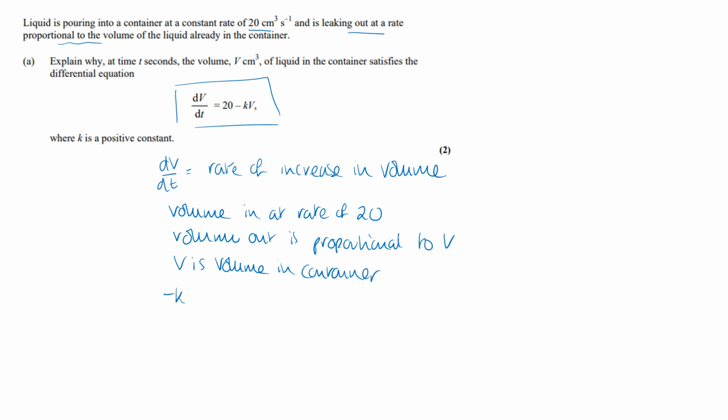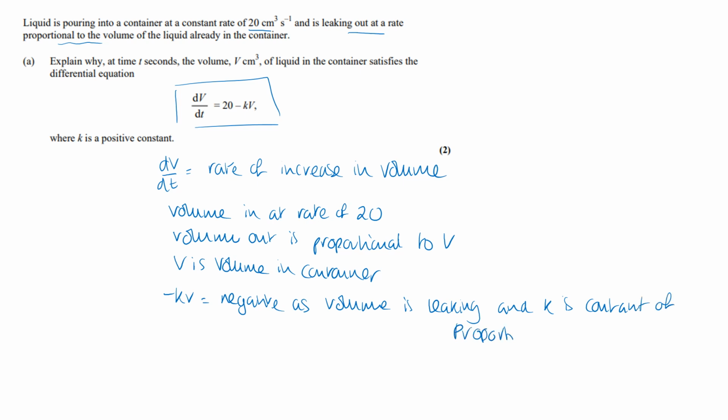So minus kV is negative as volume is leaking, and k is the constant of proportionality. So overall, we've got our dV by dt is 20 going in and then minus kV going out.